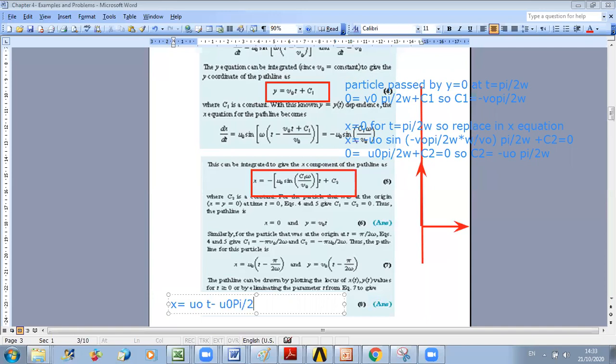So now, if you want to find what is t as a function of x, what you can do is take this term to the other side.